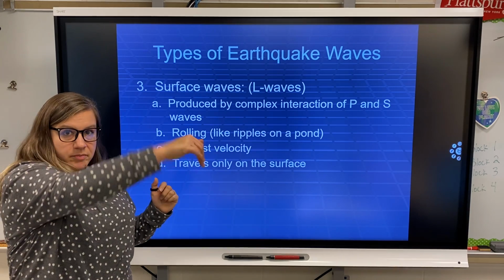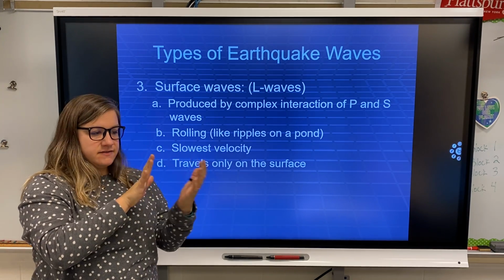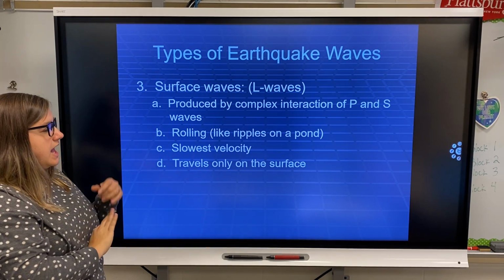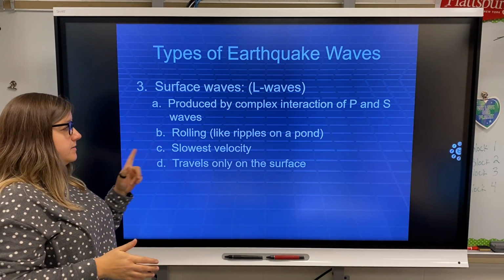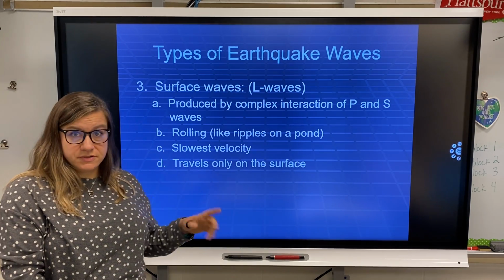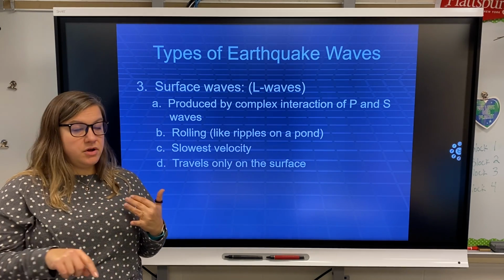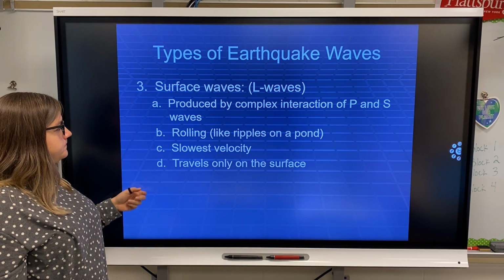They roll like ripples on a pond, so it's kind of a combination of the compressional and the shear movement, only it goes up and down like that. It has the slowest velocity, and they only travel on the surface. Sometimes these can be the most dangerous ones because it moves the ground so much. It can move houses and roads and bridges to the point where it really is destructive.